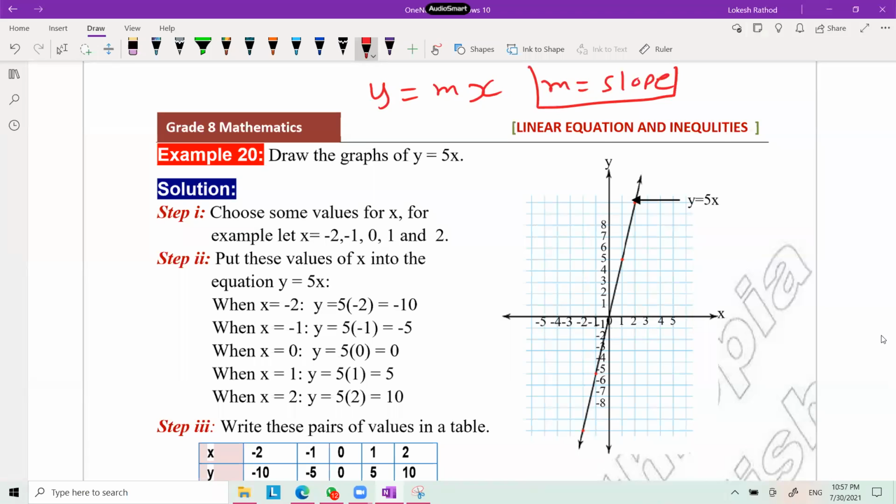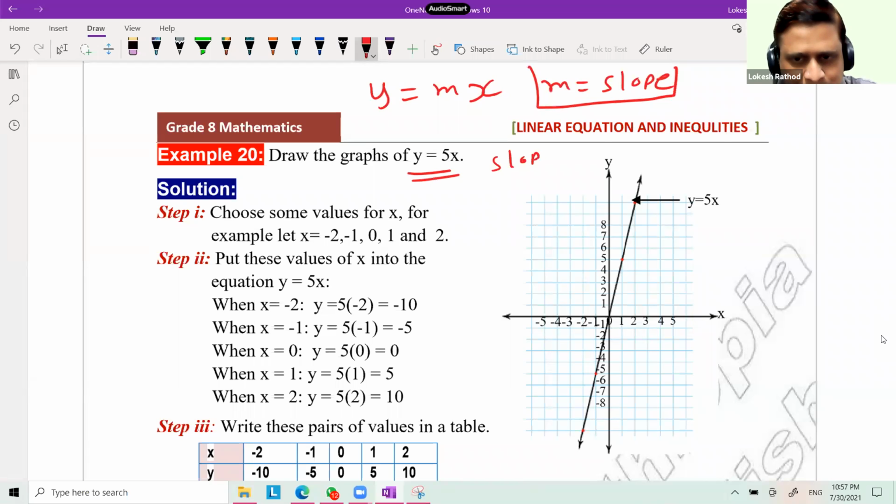So then for y equal to 5x, slope is 5. Simple. y equal to 5x, slope is 5. y equal to 6x, slope is 6.